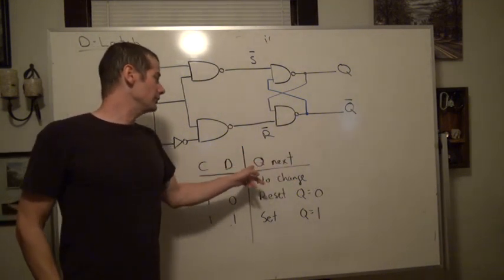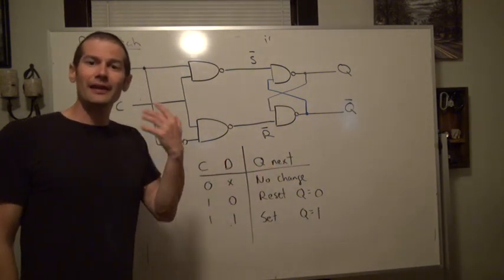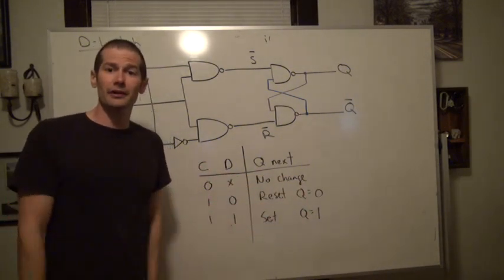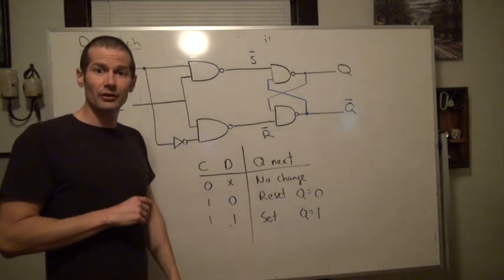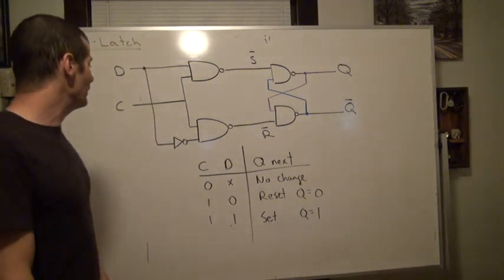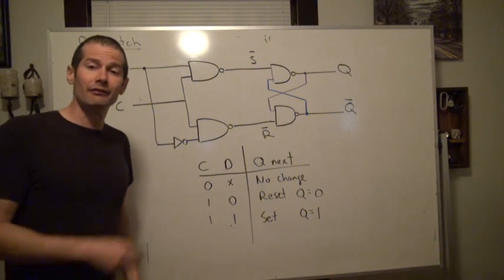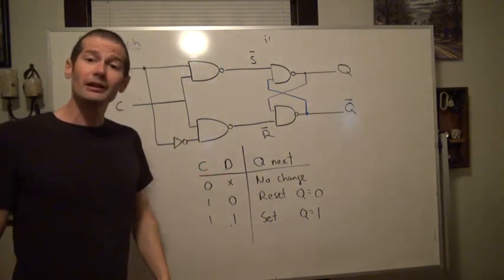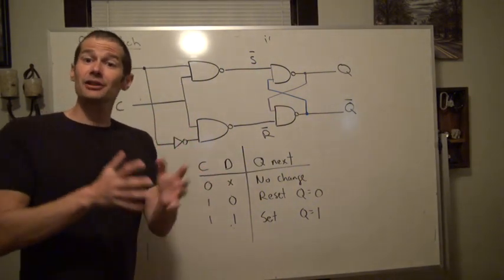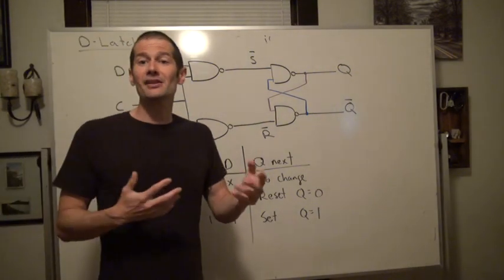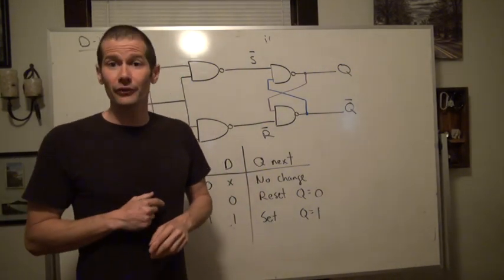Q next, the next state of the output Q, would simply be no change. It just won't work. It doesn't even matter what that value would be. However, if we allow C to go high, then we have enabled the D latch to do a set or reset phase based off of whatever value we use for D.